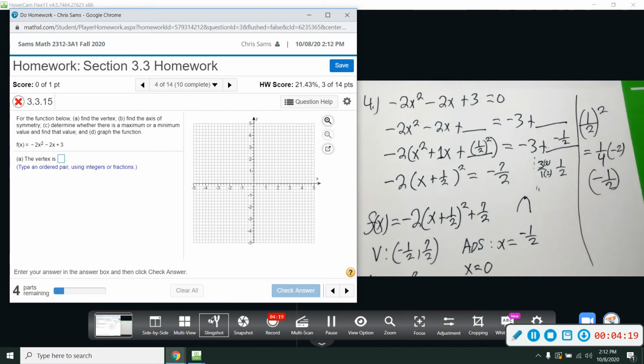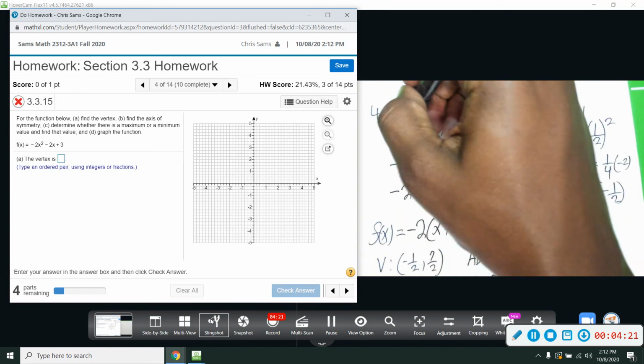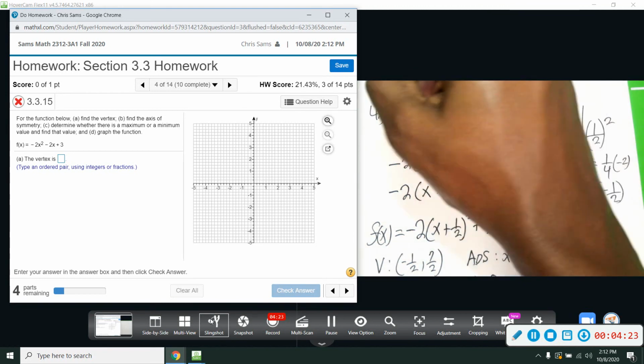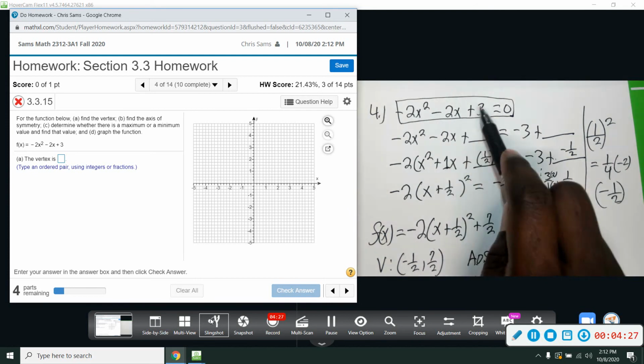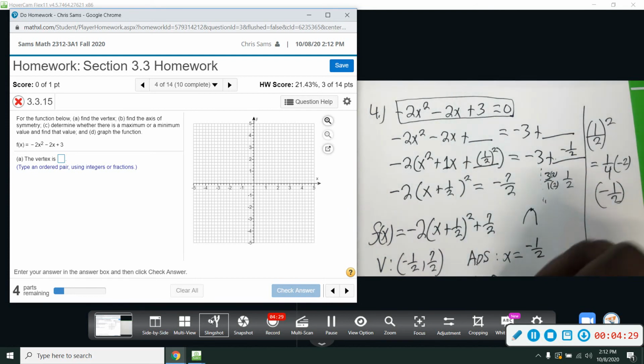Which we can see from the original equation. It might be easier just to go back to your original equation. If you plug in 0, that goes away, that goes away, you're left with 3. But just for sake of argument, I want you to be able to see it this way as well.